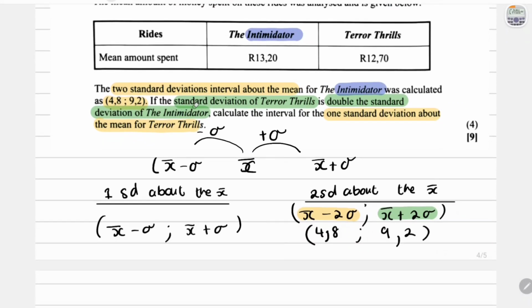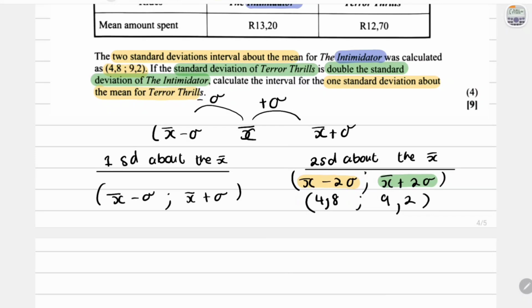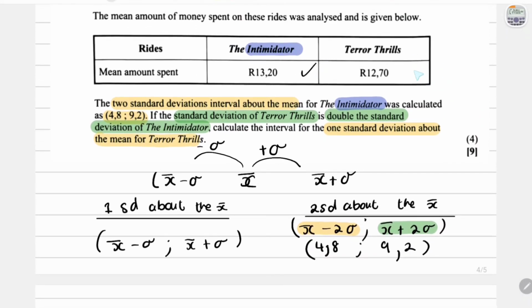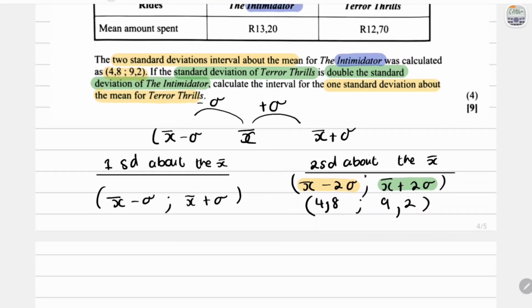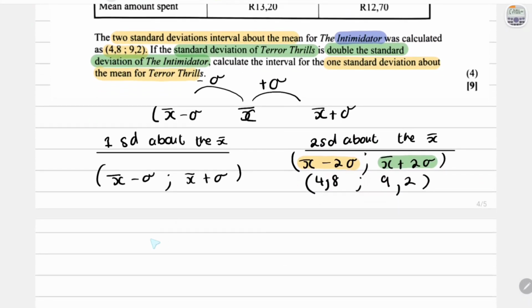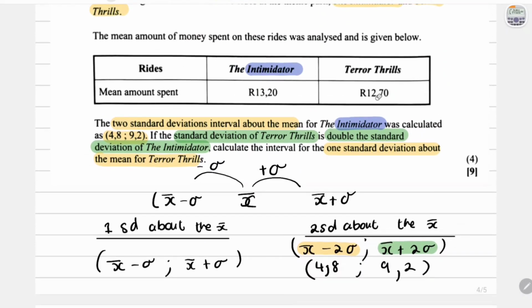Now the question is, if the standard deviation of the Terror Thrills is double the standard deviation of the Intimidator. It's really just finding those standard deviations. We already know both of their means. They tell us that if the Terror Thrills one, which I'll just call T, is double the standard deviation of the Intimidator, then we need to calculate the interval for one standard deviation about the mean for the Terror Thrills.